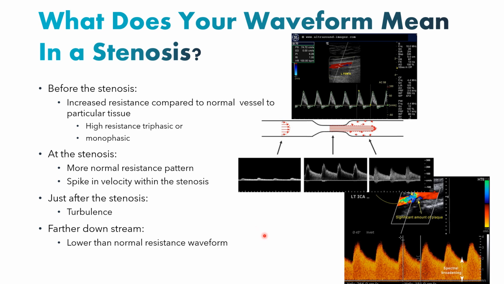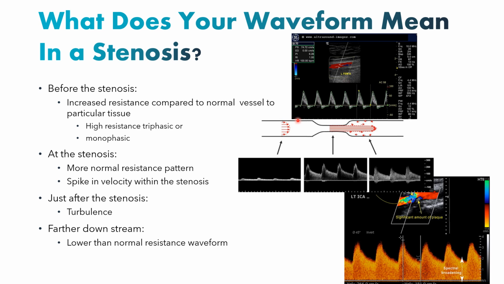Okay, so now let's say that we did find a stenosis, so it could look something like this. What do we expect to see? Before the stenosis, we can see an increased resistance in what we would expect in that area. So let's say this is a femoral artery, and femoral arteries are going to, at rest, have maybe a triphasic flow. After activity, you might even have a biphasic flow.